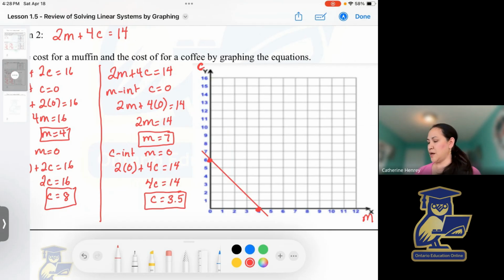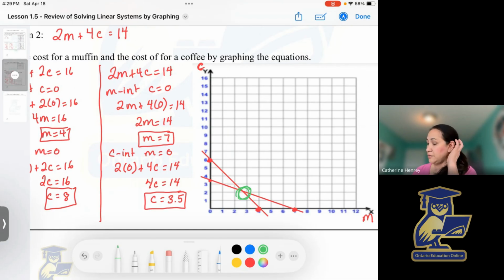So there is our line for the first equation. The next one, we have an M-intercept of 7 and a C-intercept of 3.5. So I'll put that about there. Then we'll connect those two.